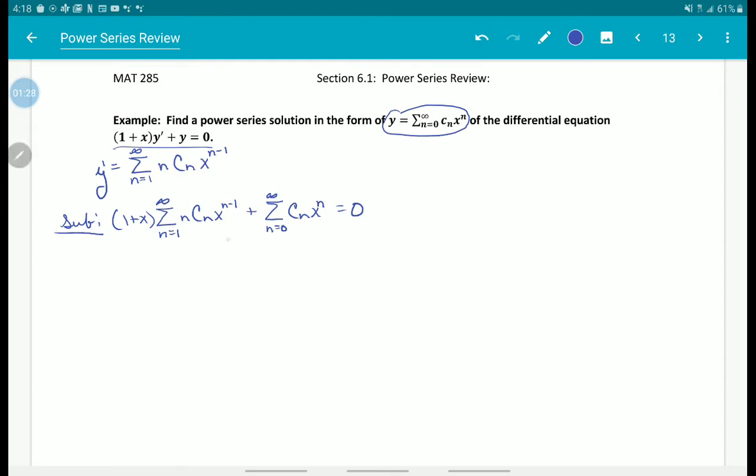So let's do some distributing here. We're going to have 1 times that sum plus x times that sum plus that third sum.